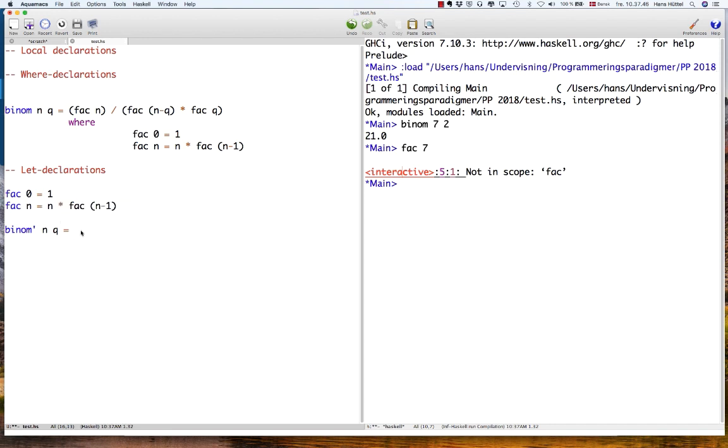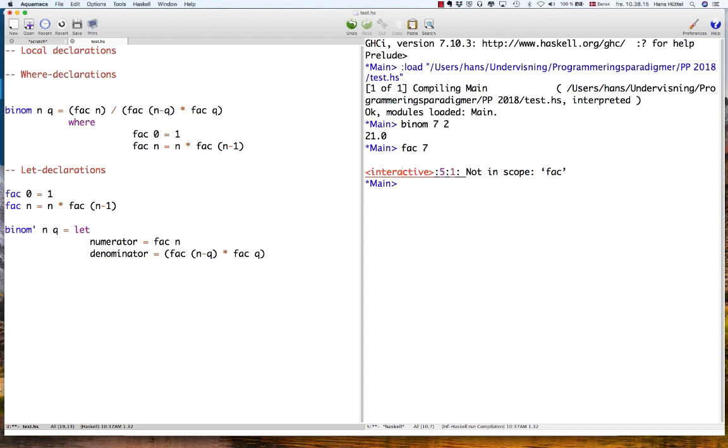Then we could use a let declaration to separate the computation of the numerator, which is fac of n, and the denominator, which is fac of n minus q times fac of q.